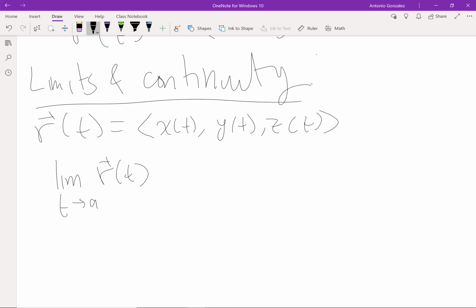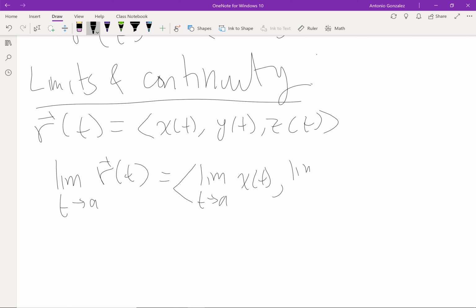Right, and we say, okay, the limit as t approaches a of r of t is equivalent to taking 3 limits, where you just take component-wise what is happening to each one of these functions as t approaches a. And then from there, all of the techniques that we use in our first semester calculus are still valid. All right.